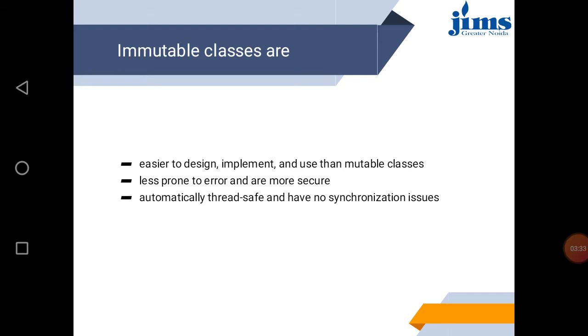It is free from any kind of error, and it is thread safe. It means if any resource is shared between different processes, then the possibility of error is very less. So its synchronization is also very easy, and its serialization is also very easy.